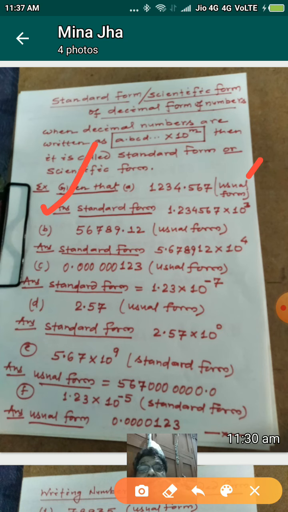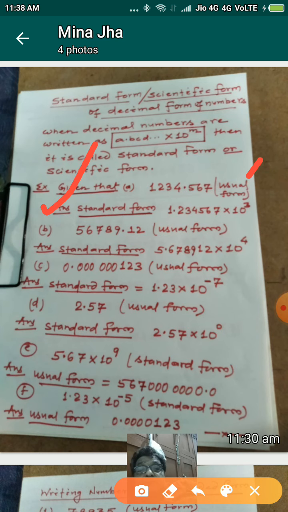The point should be from the left side after one digit. So we have put 1 point and written the remaining digits 2 3 4 5 6 7 into 10 to the power. This is important, which power will be there.